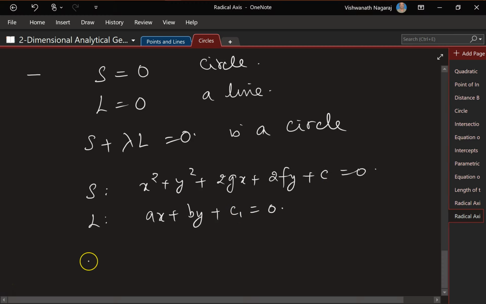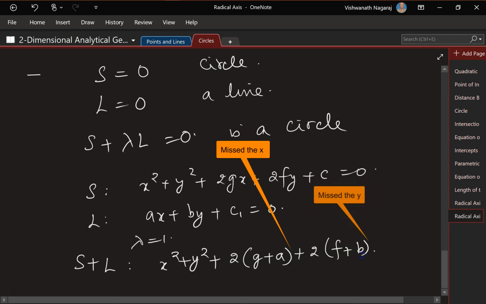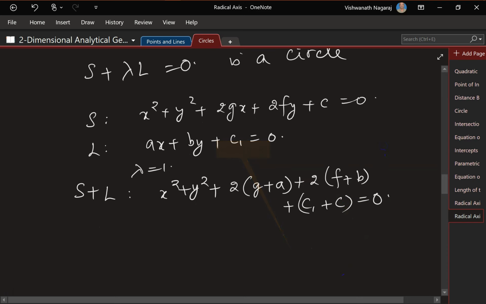Now S plus lambda L, let us say lambda is equal to 1. Then S plus L would be x square plus y square plus (2g plus a)x plus (2f plus b)y plus c plus c1 equal to 0. This is again a circle.